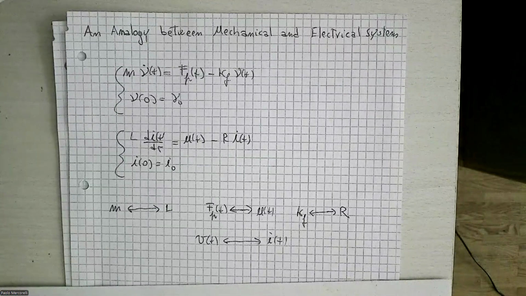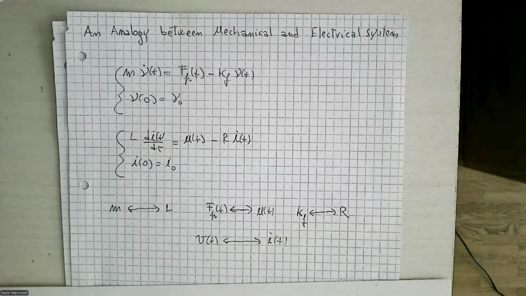Then probably I will show you just the model of the motor, which is a combination of an electromechanical system. And then we will start with some concepts of control. Because at this moment, we are able to understand and to build the model. We have also seen this parallelism.